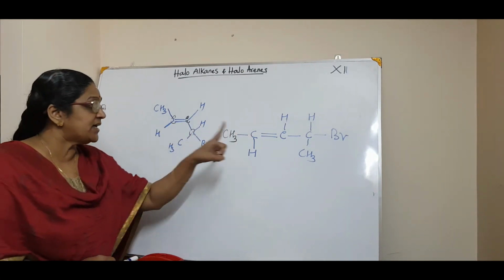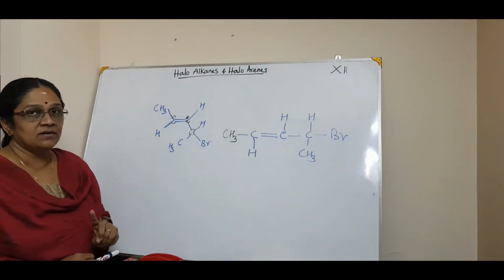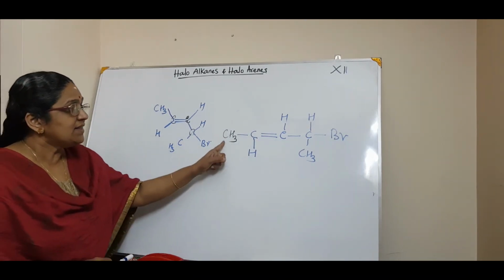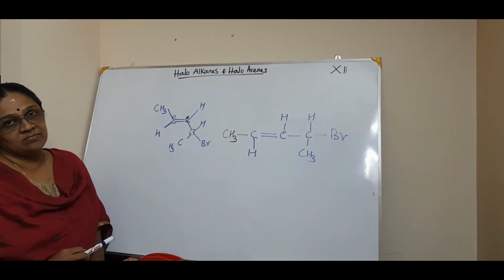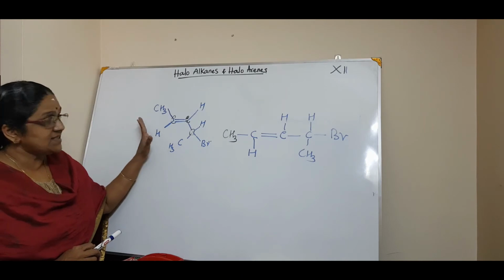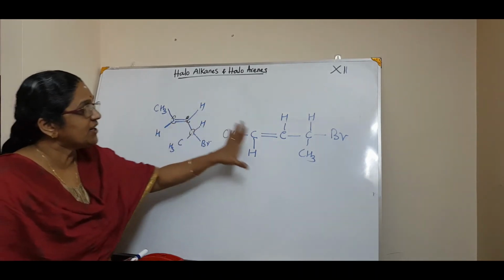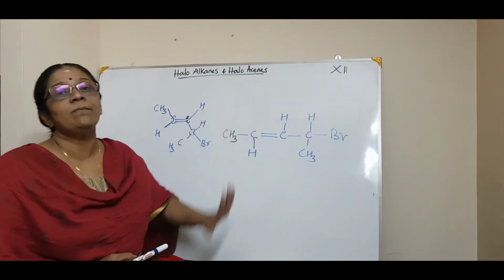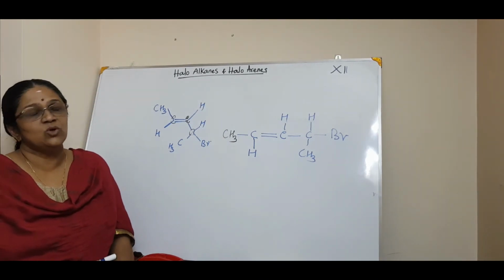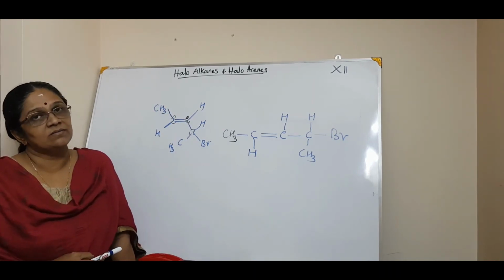Then you make sure that all the carbon atoms satisfy the valency. Recheck the valency. Then you will number it. Then only the numbering starts. So if you get this dot line structure, first you make it into the skeletal structure. Then it will become very easy. You won't get wrong, believe me.